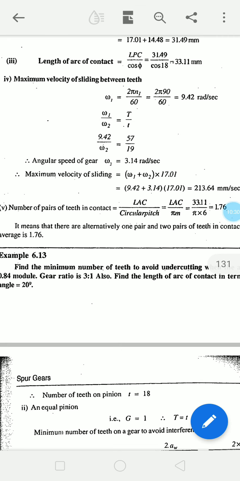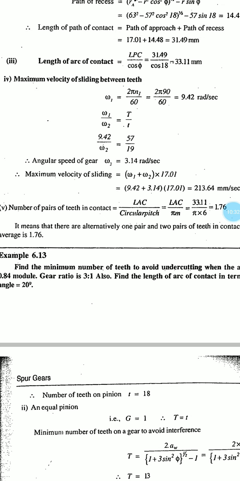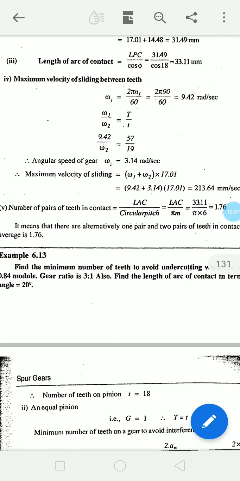So for the gear, the velocity ratio, because of the law of gearing, omega 1 by omega 2 equal to capital T by small t. That is, the angular velocity of pinion to the angular velocity of gear equals the number of teeth on the gear divided by the number of teeth on the pinion.